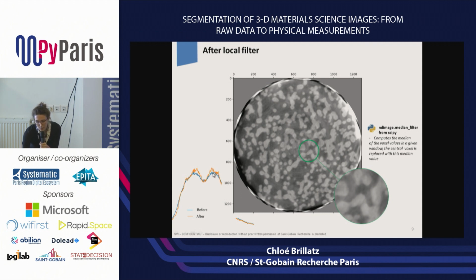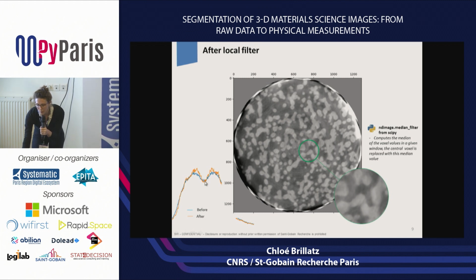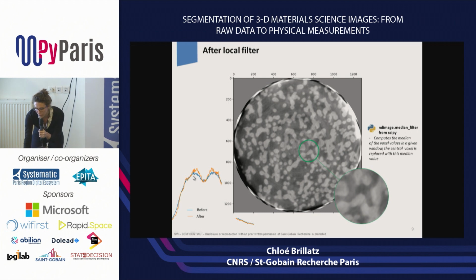So what we did here basically is that we increased the contrast of the image, because at the end we want the voxels from the white phase to be equal to 1, and the voxels from the black phase to be equal to 0, so that we have a binary image and we can use it. So here we are on the good track, because we increased the number of voxels with the value 1 and the voxels with value 0.